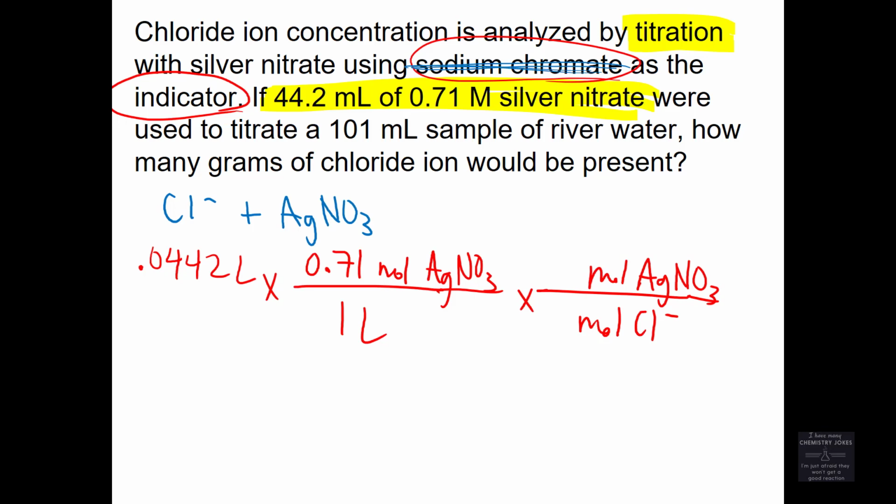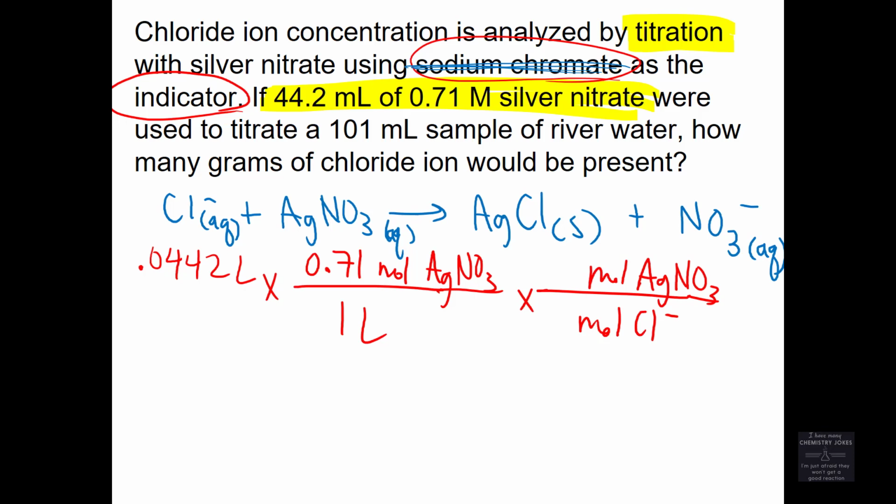We've got silver nitrate reacting with chloride to make silver chloride, and physical state is important this time, so I should say aqueous for those two, because silver nitrate is a soluble salt, and I'm going to get some nitrate ions free-floating out of it. So we're trying to detect unknown chloride by precipitating silver chloride.